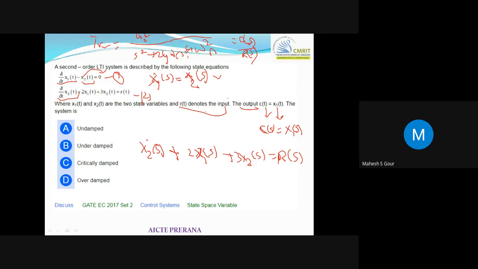Yes, sir. Clear. Now, is any initial condition given here? No, the initial condition is not given. Okay, we'll solve. So x1 dot of s is x2 of s. x1 and x2 are two state variables.